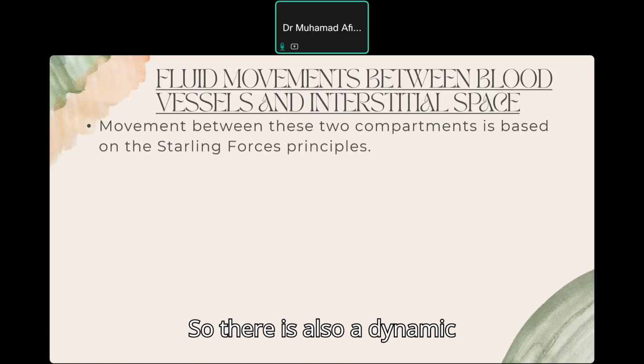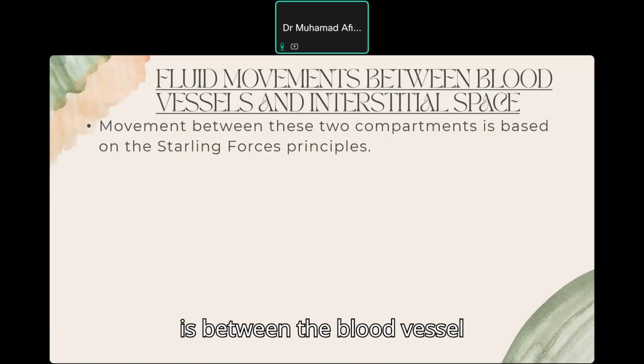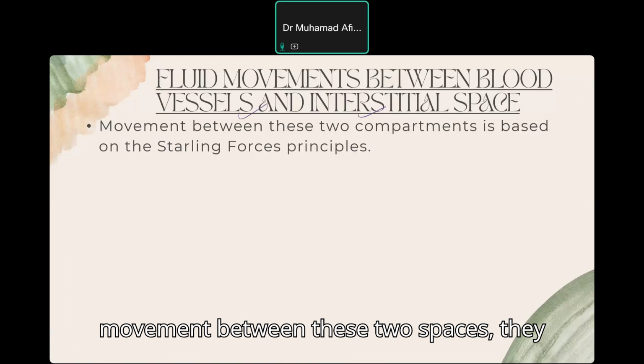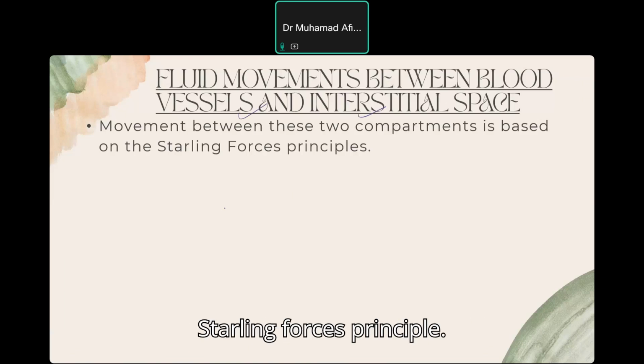There is also a dynamic that occurs, the movement within the extracellular fluid, which is between the blood vessel and the interstitial space. The movement between these two spaces follows what is called the Starling forces principle.